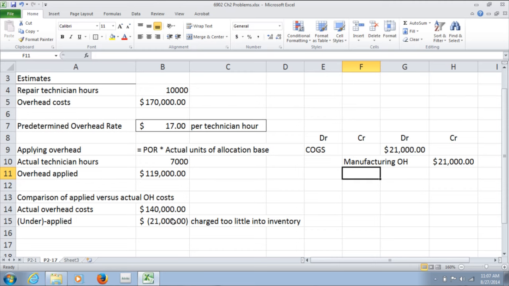So in this case, we have an example where we've followed the rules. We've come up with a predetermined overhead rate, applied it, and as it turns out, the overhead costs aren't behaving quite the same way. And being 21,000 off, that's something that we might want to consider in terms of the actual overhead costs.